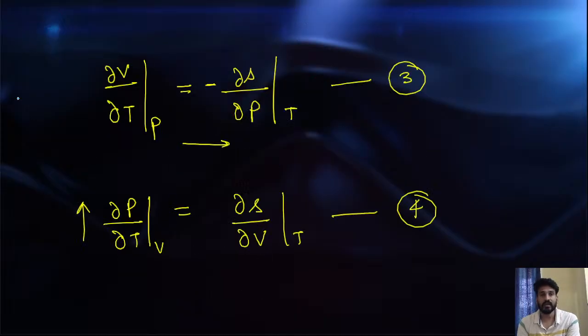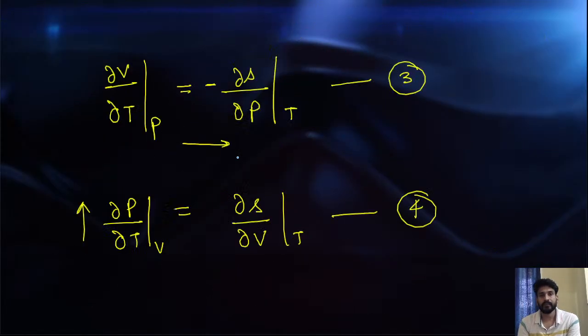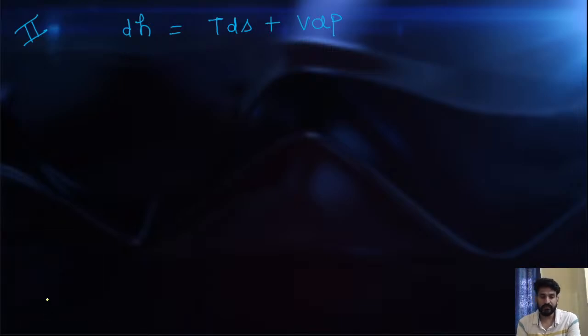The second one is coming from H, and the H equation is dH is equal to TdS plus VdP. So first equation is coming from the horizontal and the second will come from the vertical.